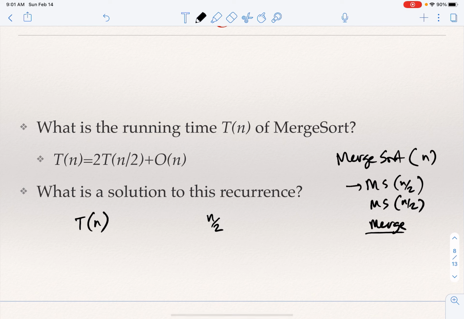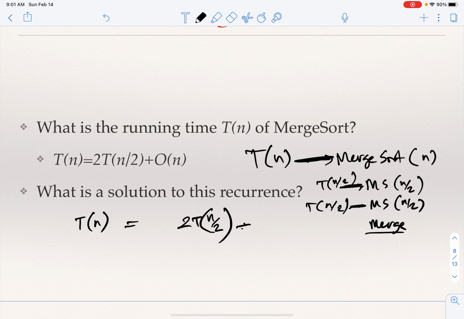So if this merge sort takes T of n, whatever that T of n is, I'm trying to compute it, then this call should be taking T of n over 2, and this one should be taking T of n over 2. So we have 2 T of n over 2, plus the time that merge takes.